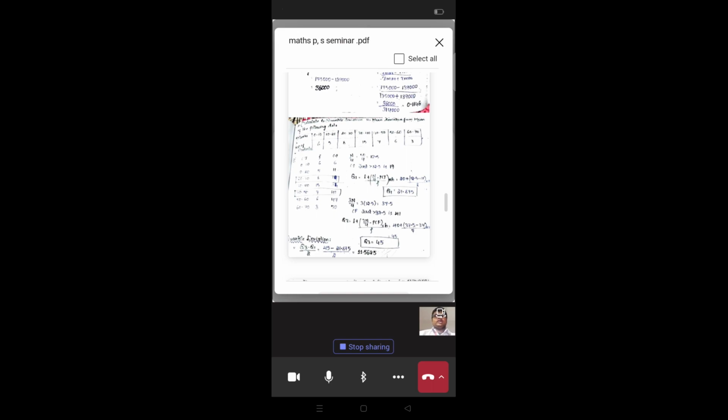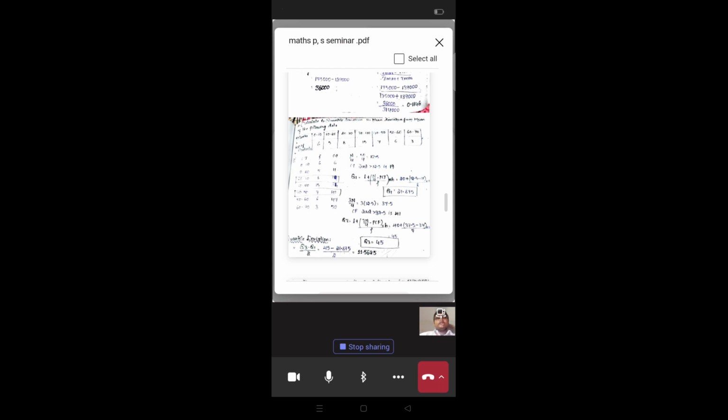After applying the Q1 formula, we get Q1 equals 21.670. Similarly, Q3 equals L plus 3N by 4 minus CF by F into H. By applying the Q3 formula, we get 37.5.